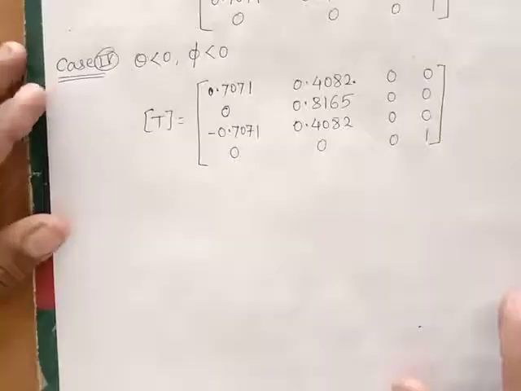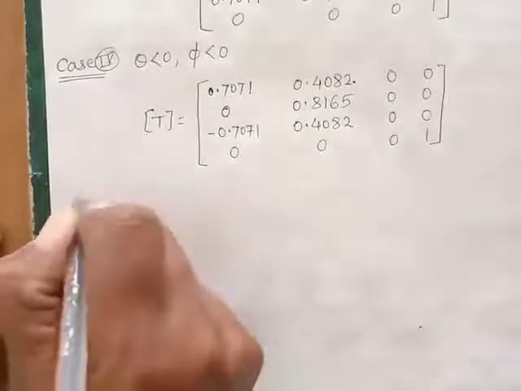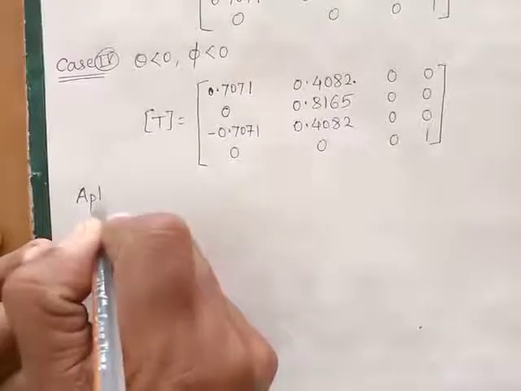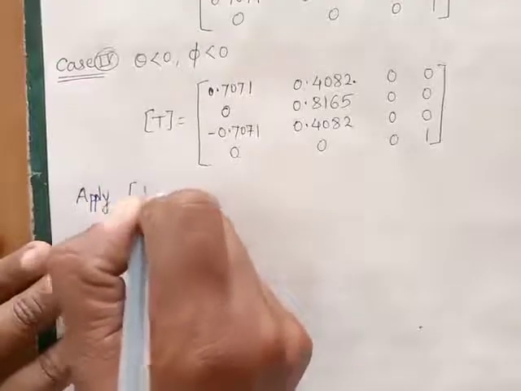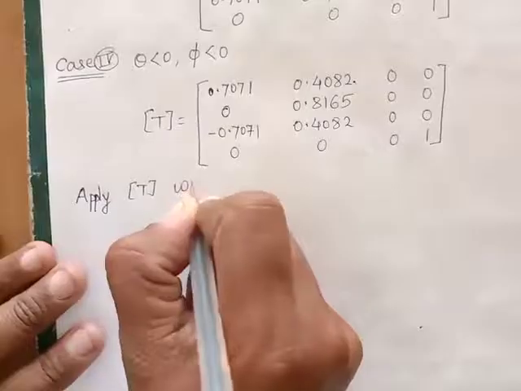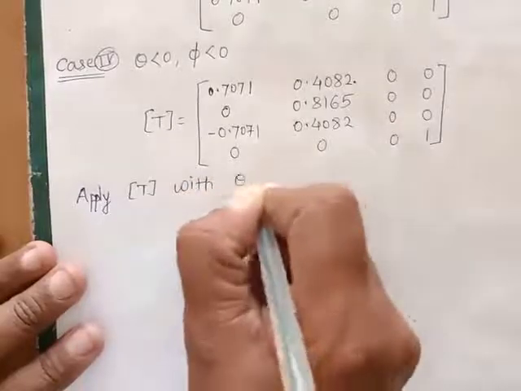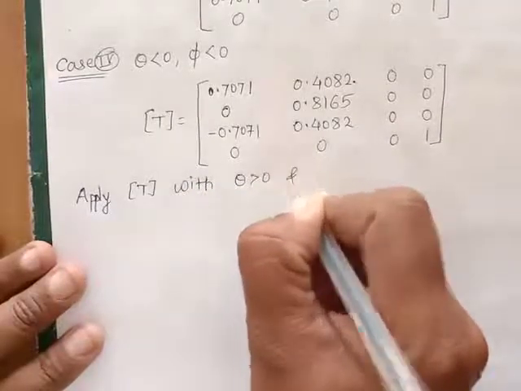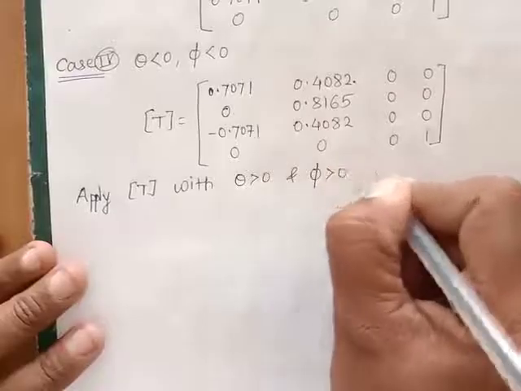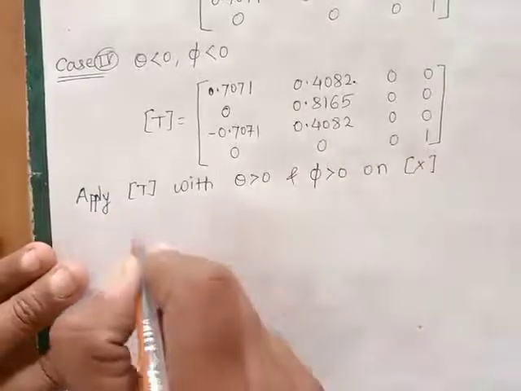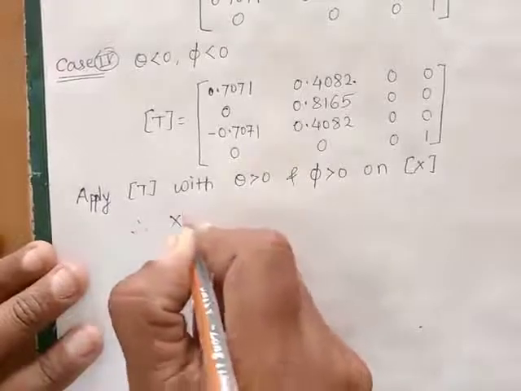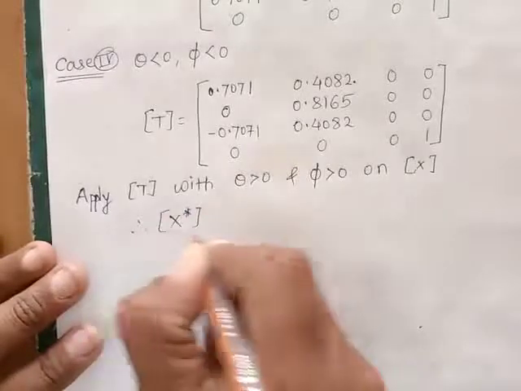Now we have to apply T. Which T? When theta is positive and phi is also positive. So apply T with theta positive and phi positive on the object X, right? Therefore, on the given object X, we get X star. What is X star?